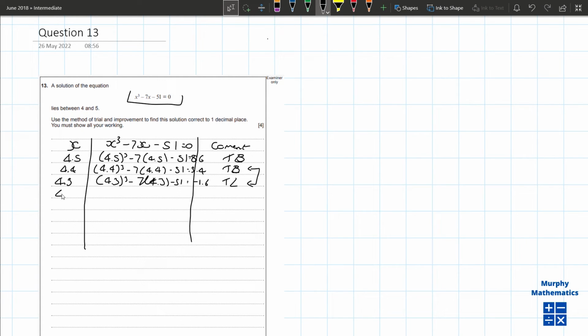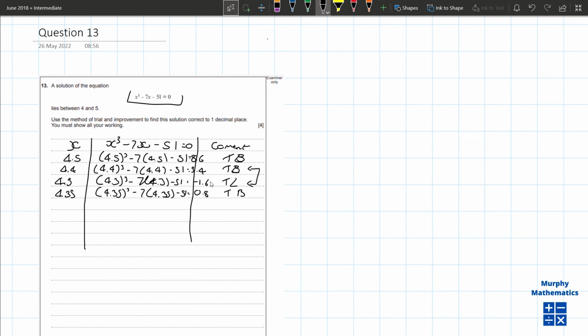So now I've got to check 4.35 to see where it lies and if I'm going to round up or if I'm going to round down. So putting 4.35 into a calculator. 4.35 cubed minus 7 lots of 4.35 minus 51, that equals 0.8, which is too big.